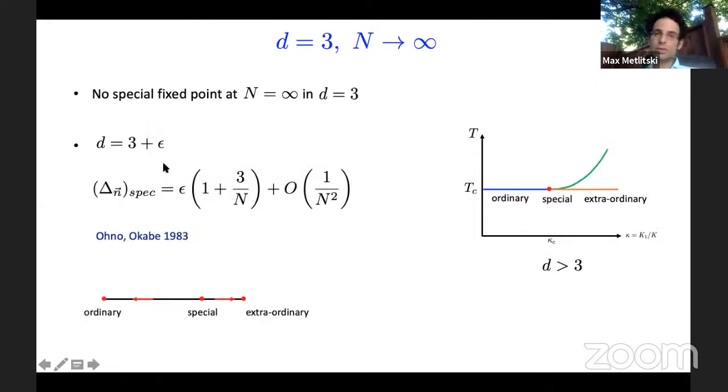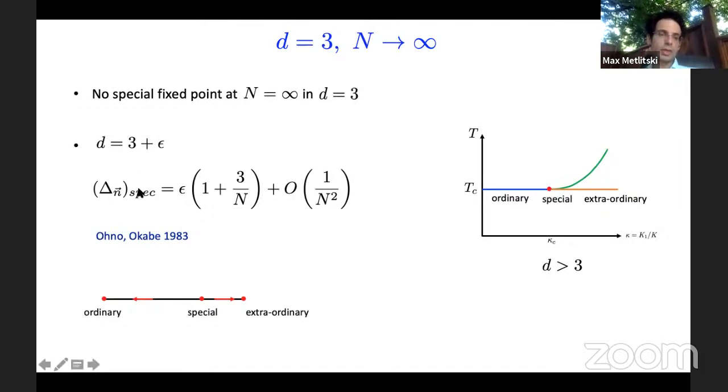You can also look at what happens if you make the bulk dimension slightly larger than 3. If the bulk dimension is larger than 3, then we know that we have this phase diagram here. And in particular, we can describe all these 3 universality classes in the large n expansion. In particular, I can sit at the special transition here and do 1 over n calculations.